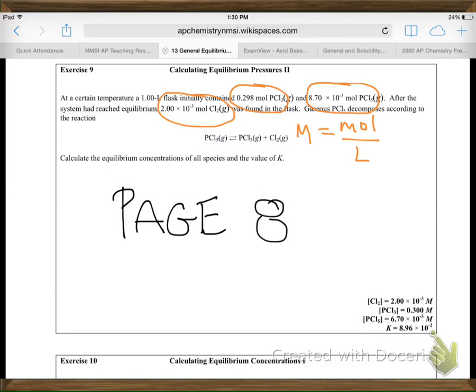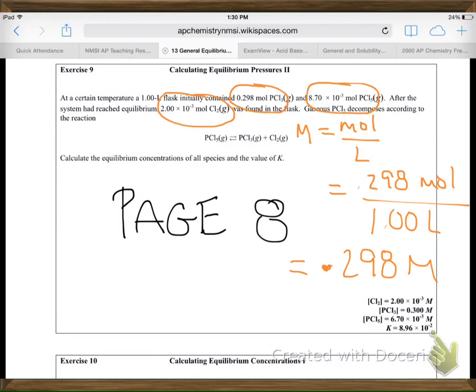Simply enough, this problem gives us a good number. If we look at the PCl3, it's going to be 0.298 moles over 1.00 liters, and we are looking at 0.298 molar. And we're going to use the same values here and here as well on the next page.